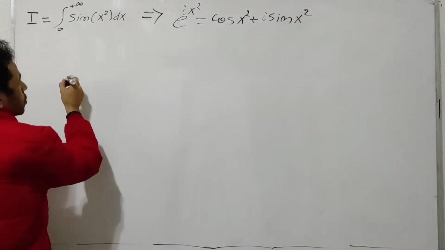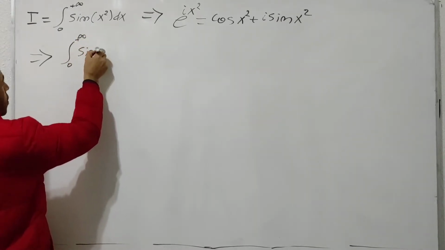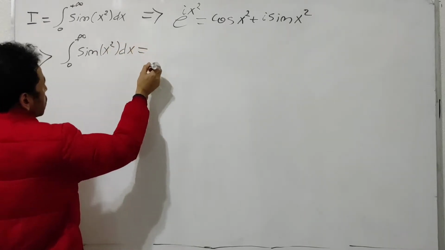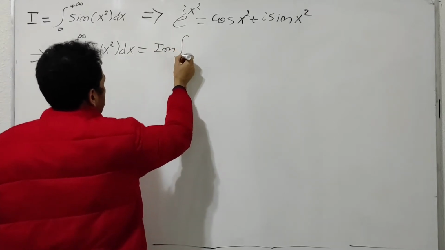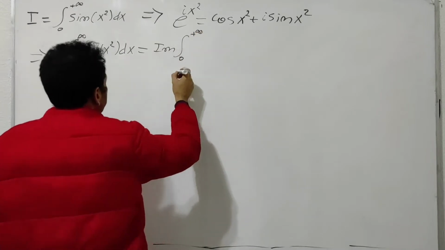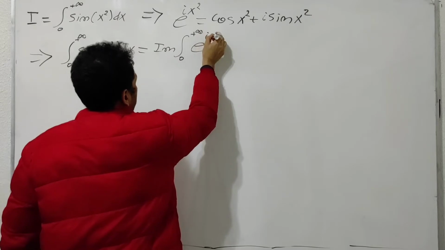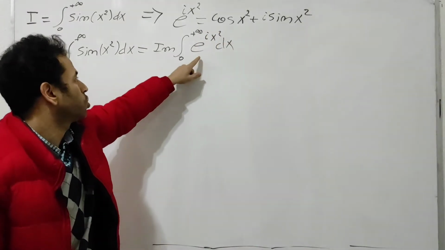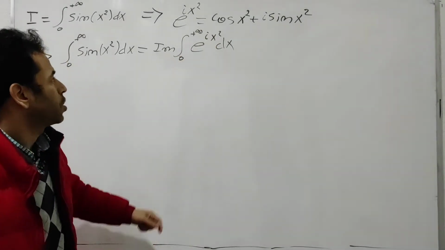So this integral, as x goes from 0 to plus infinity, of sine of x squared dx equals the imaginary part of the integral as x goes from 0 to plus infinity of e to the i x squared dx.